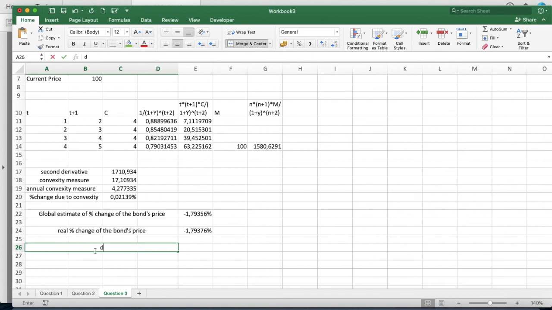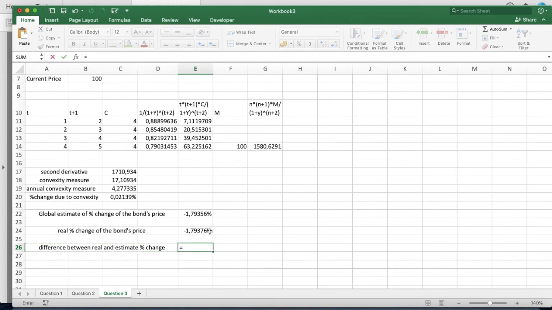So the difference between the real and estimated percentage change is equal to the real one minus the estimated one, something like 0, right?